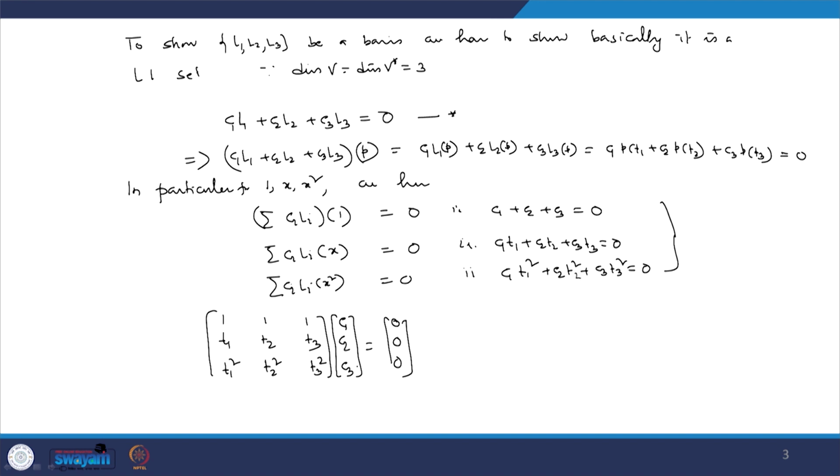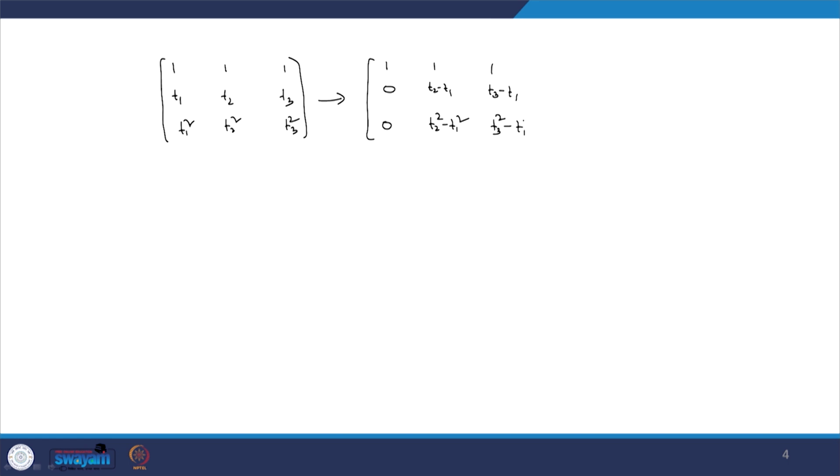My claim is that the coefficient matrix is non-singular. So, for that I have to check the matrix with rows 1 1 1, t1 t2 t3, t1 square t2 square t3 square. If I do the elementary row operations, I am getting 1 1 1, then 0, t2 minus t1, t3 minus t1, and then 0, t2 square minus t1 square, t3 square minus t1 square.